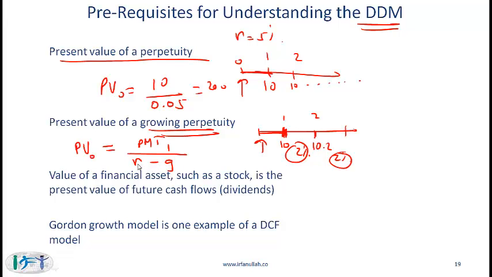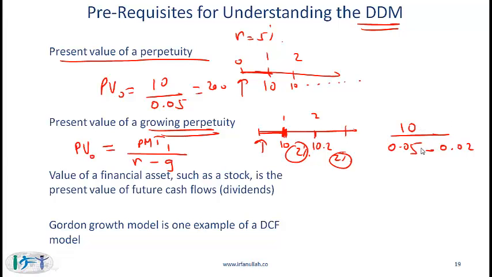If our interest rate is 5% and growth rate is 2%, then the numbers that we would plug in would be 10 for the first payment divided by R, which is 0.05, that's the interest rate, minus the growth rate, which is 0.02.